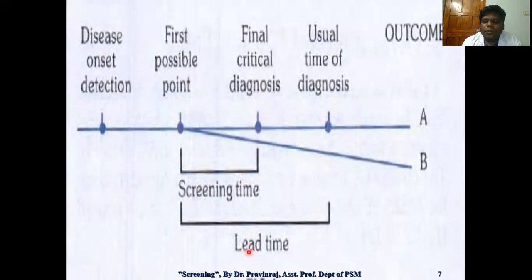So this is screening time. And lead time, what is lead time? It is the gain of advantage between the first possible point of diagnosis and the usual time of diagnosis. So what is the use of introducing screening time?